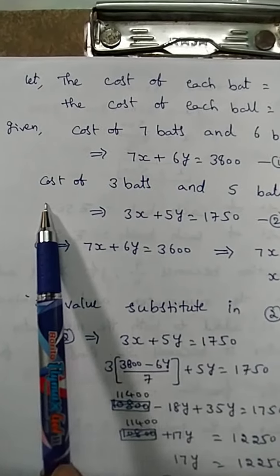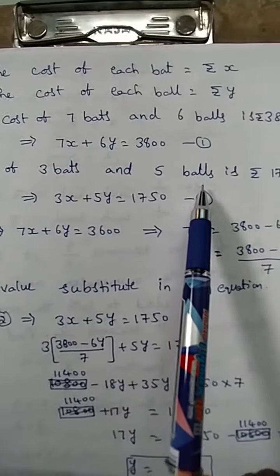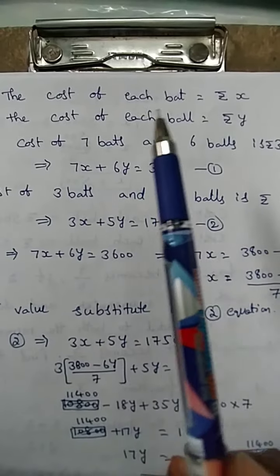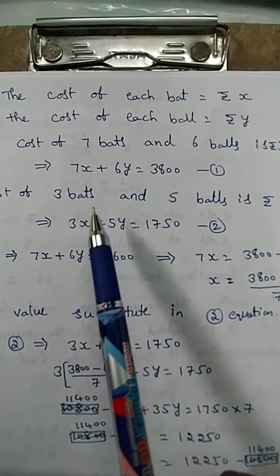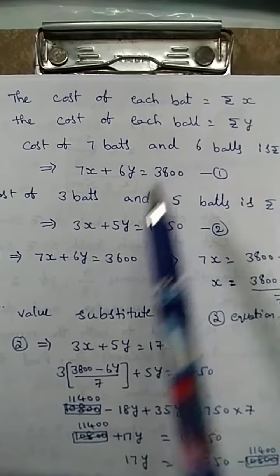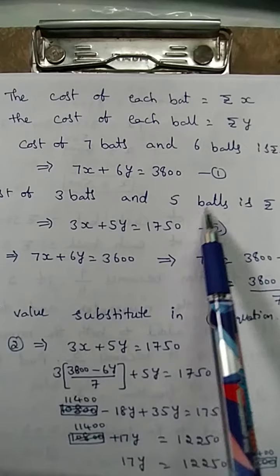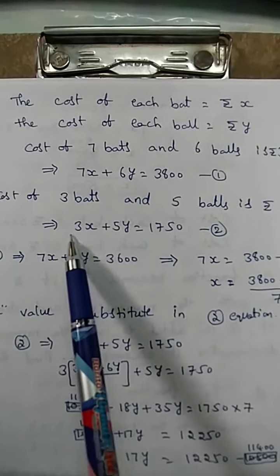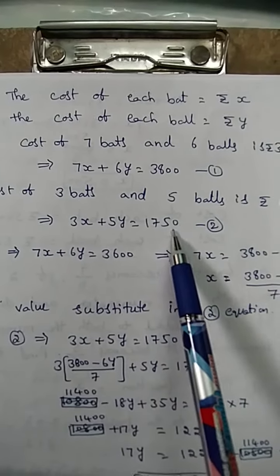The next statement is that the cost of 3 bats and 5 balls is 1,750 rupees. Similarly to how we prepared the first equation, we prepare the second equation. Each bat costs x, then 3 bats cost 3x, plus each ball costs y rupees, 5 balls cost 5y rupees. Then 3x plus 5y is equal to 1,750.